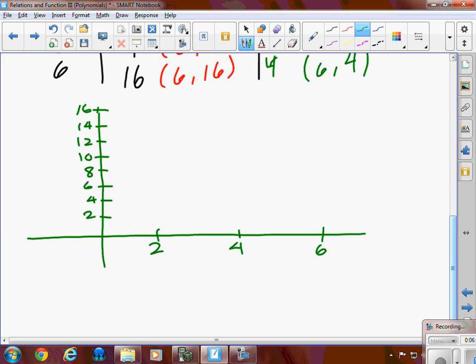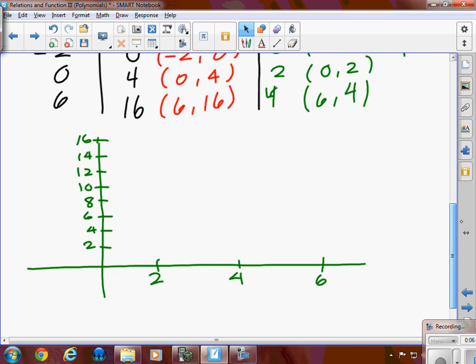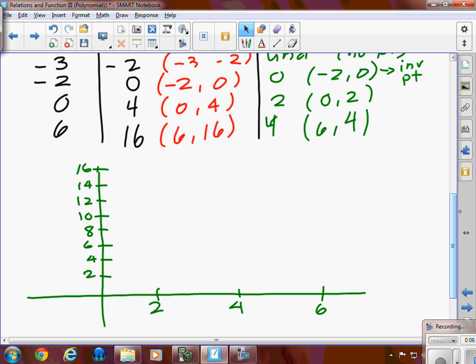So if we were to graph the first one, it was just a linear function, we said. How many points do you need to draw any linear function? 2. To draw a straight line, you only need to graph 2 of those points in the first column. So I'm going to pick 0, 4. That's an easy one.